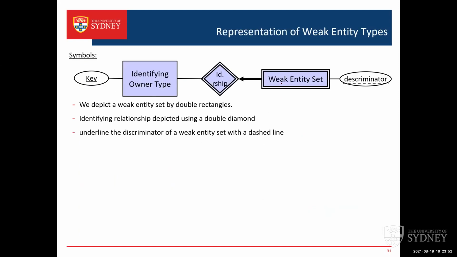So this is how we represent a weak entity set or weak table, using a double rectangle. When we use a double rectangle, that represents a weak entity set. The relationship also is weak, and that's why we have this double diamond shape. The relationship between a strong entity and a weak entity will always be like this.